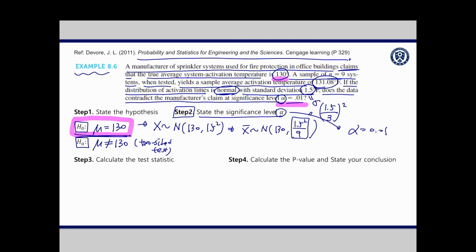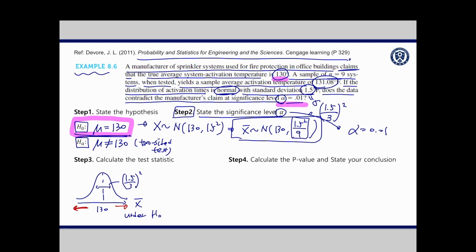Okay, the distribution of the sample mean is like this, so we can draw it like this under H0. So the rejection region for the null hypothesis is on both sides, like this, the rejection region of H0.